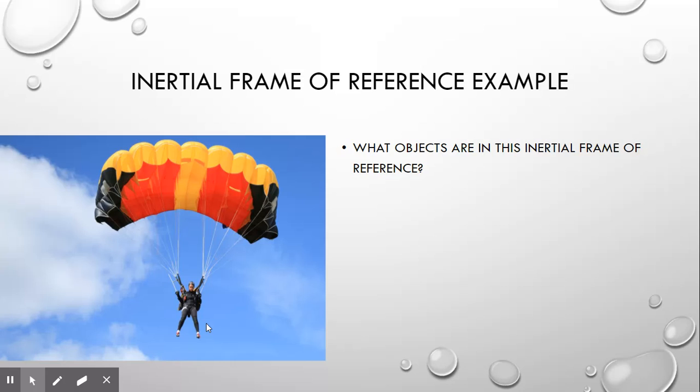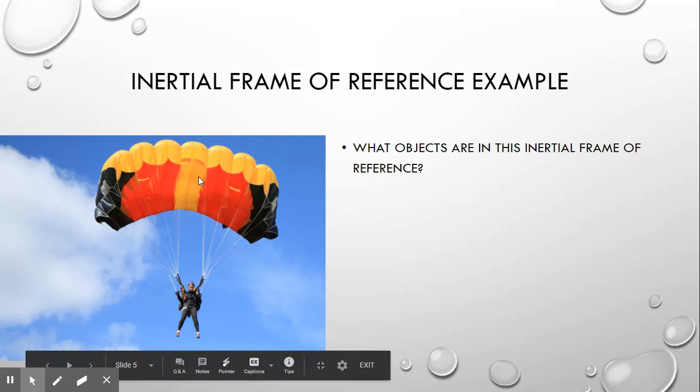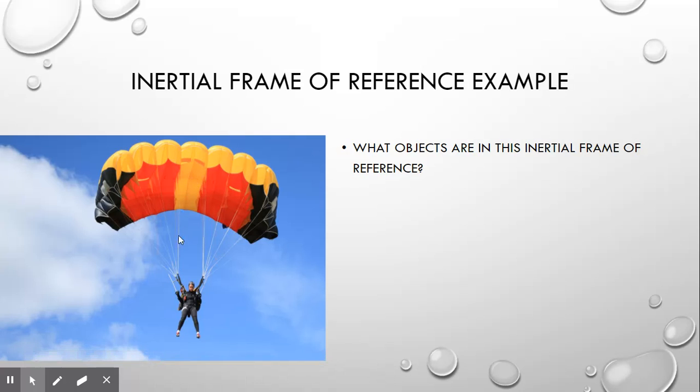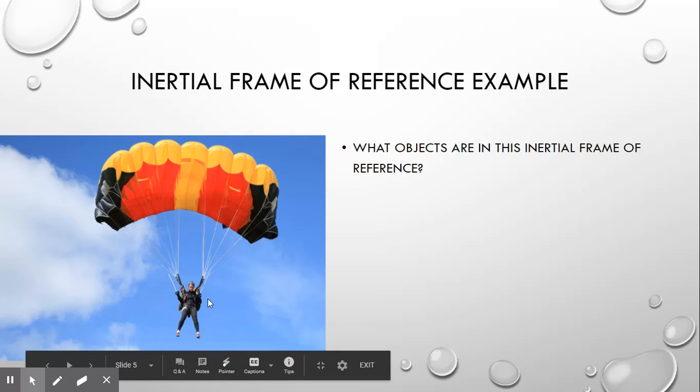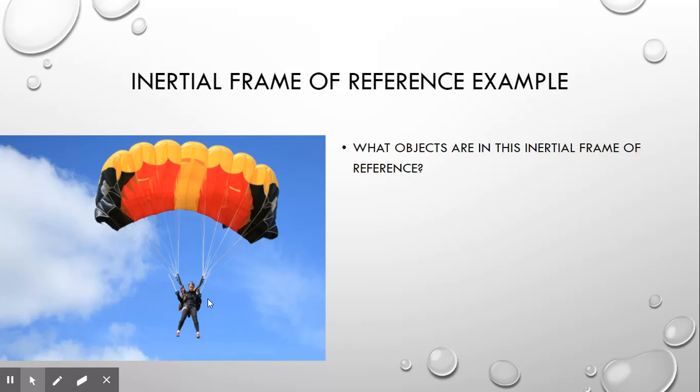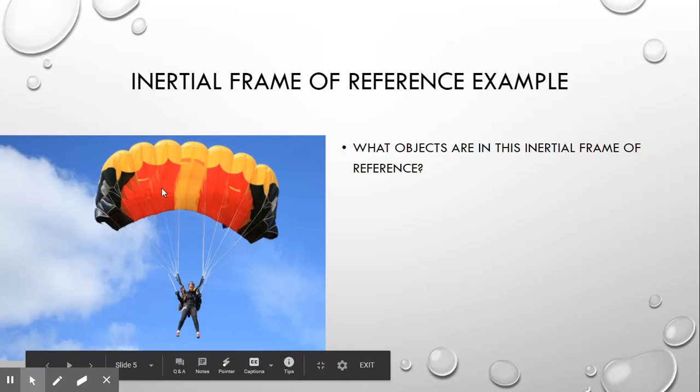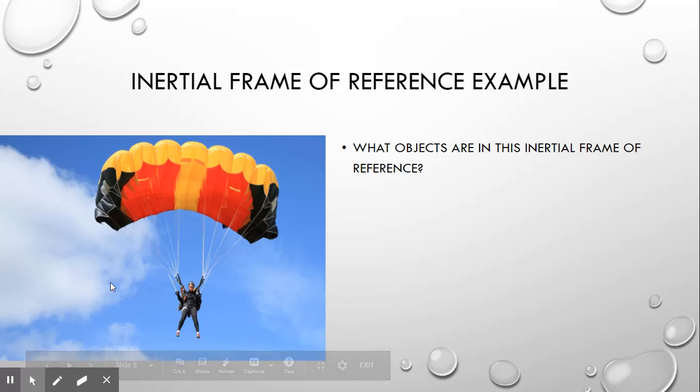The parachuter is falling down in this case. But what's causing it to go back up? Well, we have the air molecules and the air particles on this Earth. So what's in this system? We have the parachute, parachuter, Earth system. And those are all the three things that are acting in this particular inertial frame of reference.